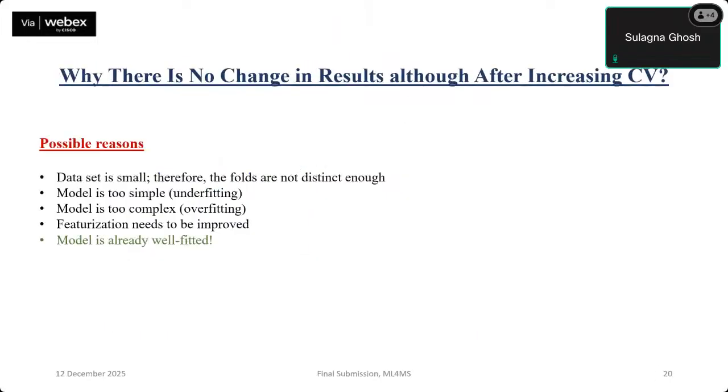There can be problems coming from our dataset being too small, or the model being too simple, that is it underfits, or maybe too complex so that it overfits, or our featurization needs to be improved, or it may also be that the model is already well fitted. So this part up to here is using the random forest.